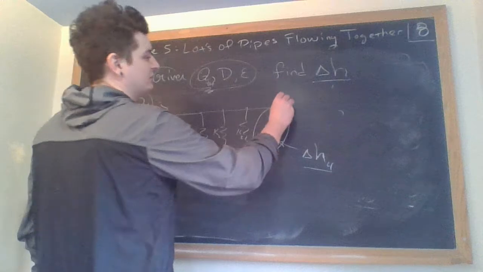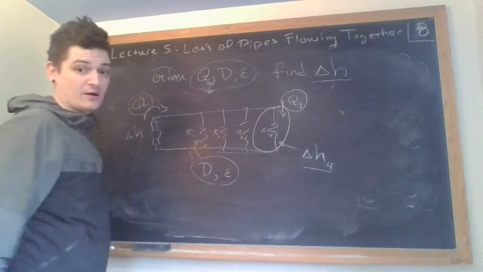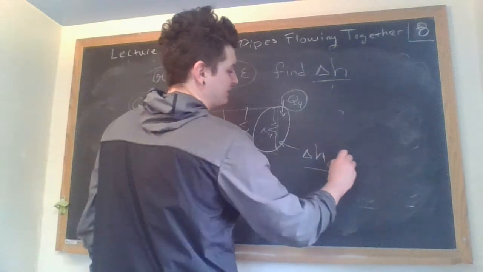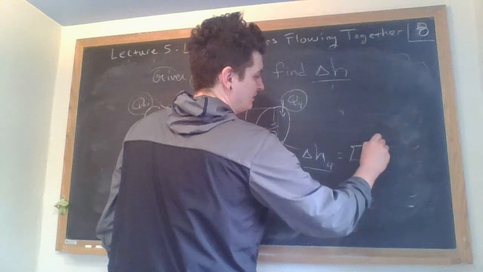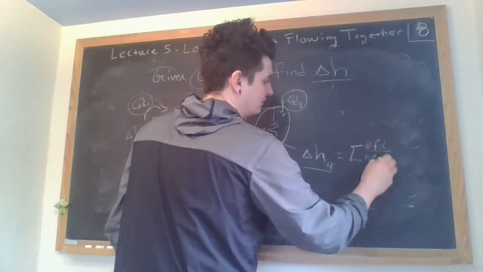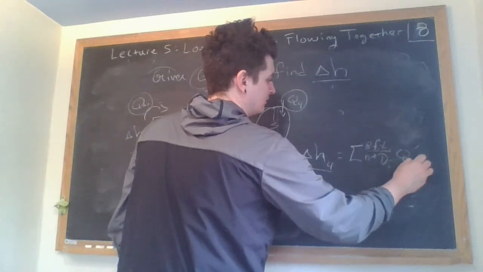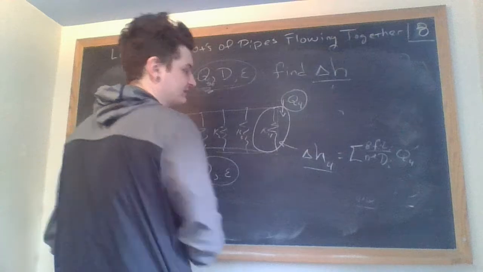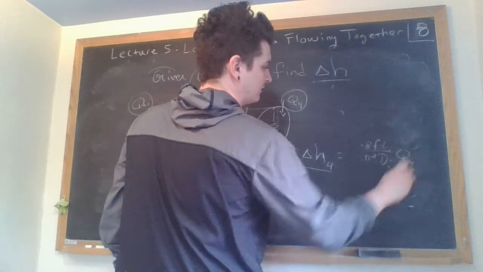Since you guessed the flow rate going in, you can just do that summation formula, squared.